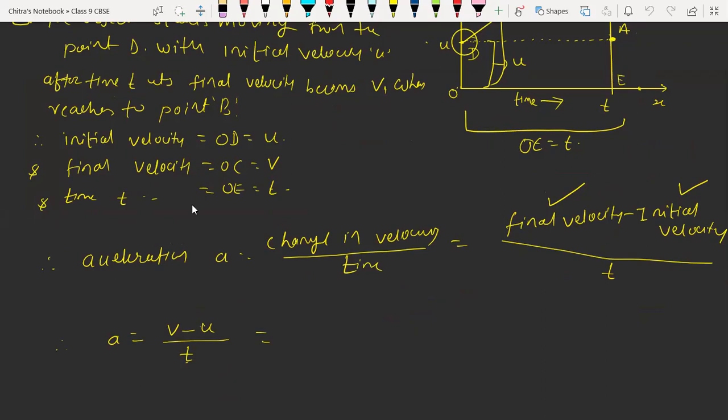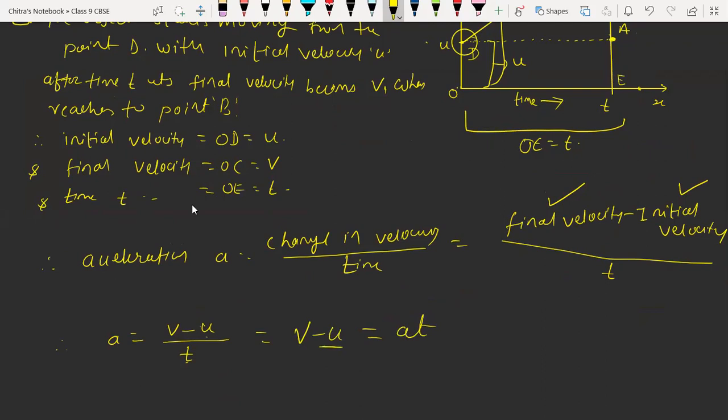See, I'm transferring that t to the other side. It is in division form, so it goes in multiply form. On this side we will have only v minus u equals a into t, that is at. I'm transferring that minus u to the other side.